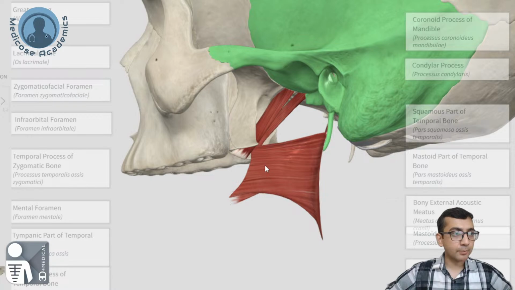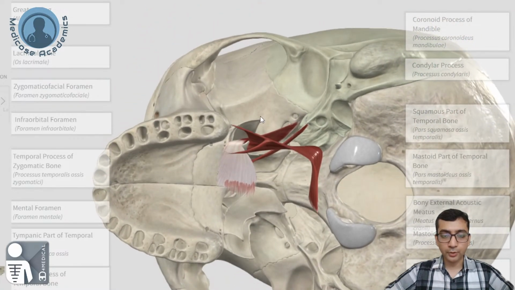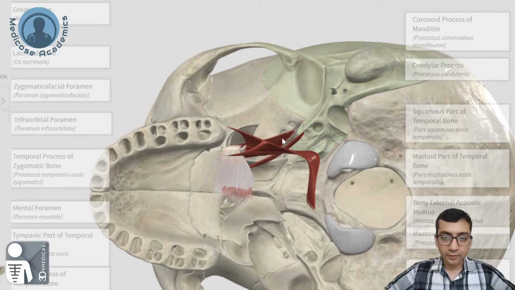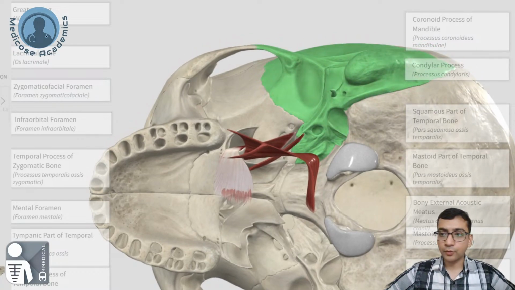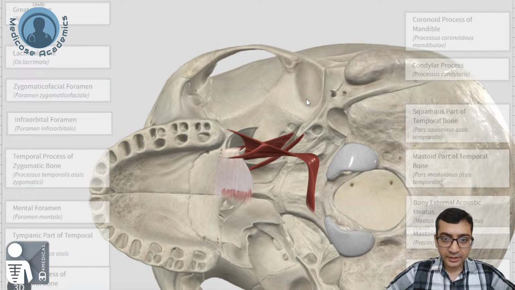Below, it does not have a very clear boundary. It becomes continuous with the neck. And the superior aspect is the same as we talked about in the temporal fossa. So superiorly, we have this part, number one. Number two, this part.